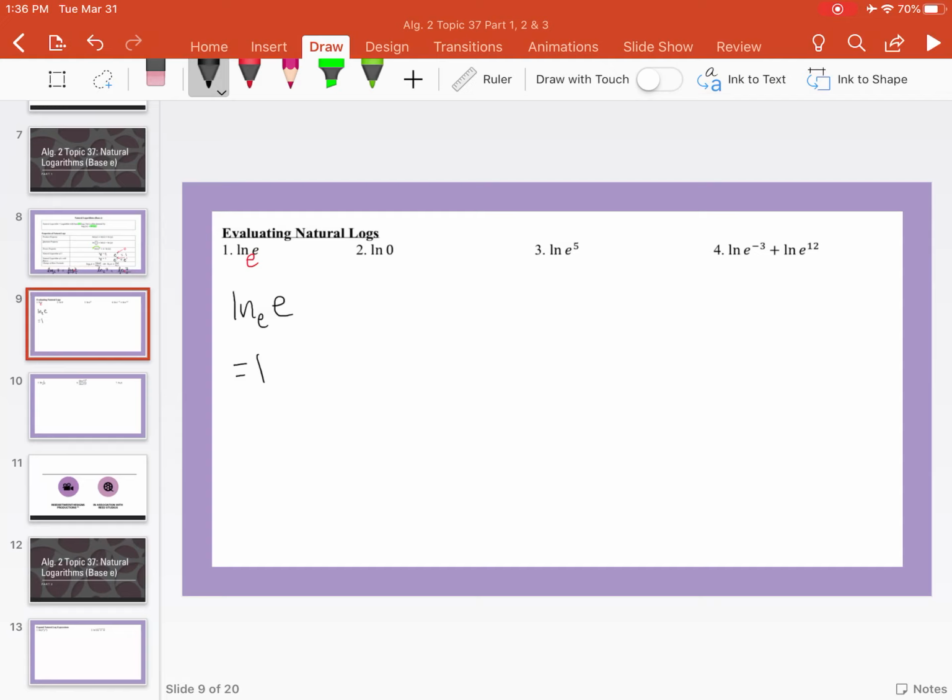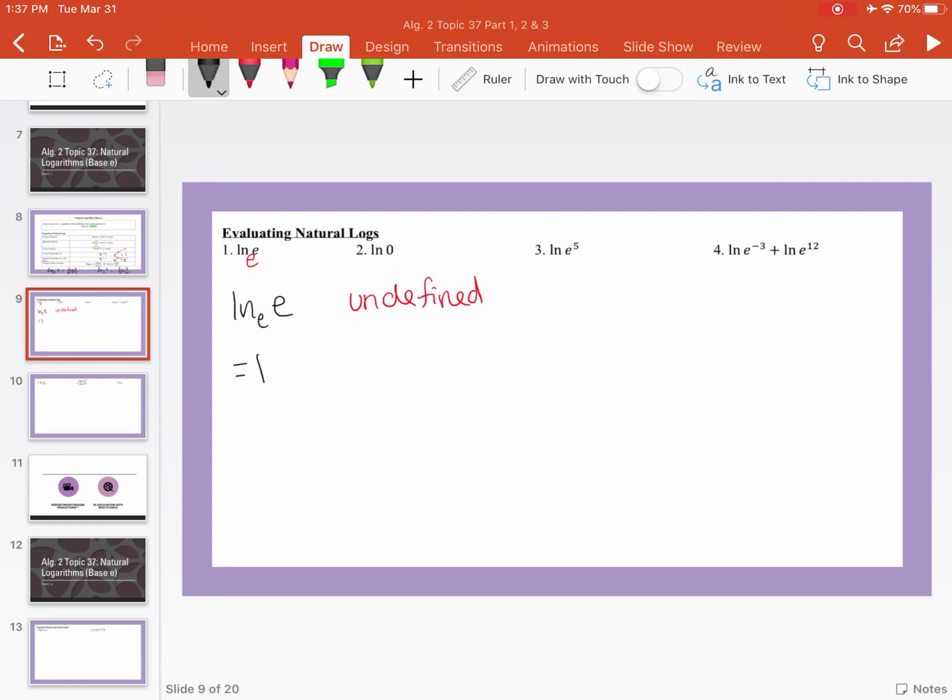Now what if I take the natural log of 0? Will I get an answer for that? That's the key question. Here, this is actually undefined. And that's because if we look back to our topics dealing with regular logarithms, logarithms only deal with positive numbers. 0 is neither positive nor negative.